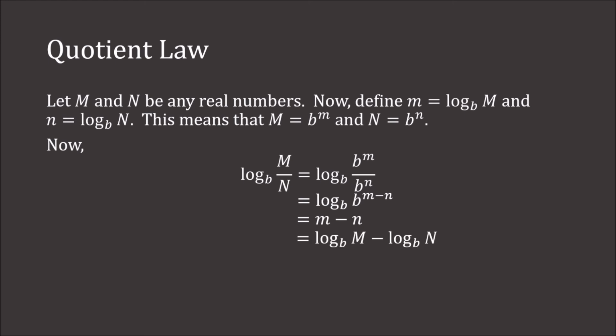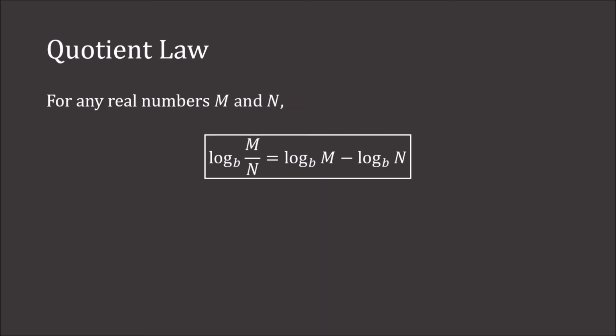And then by the previous definitions, this is log base b of M minus log base b of N. So this is known as the quotient law.